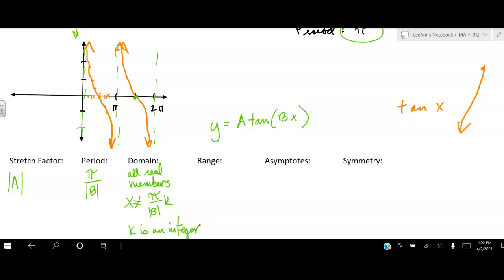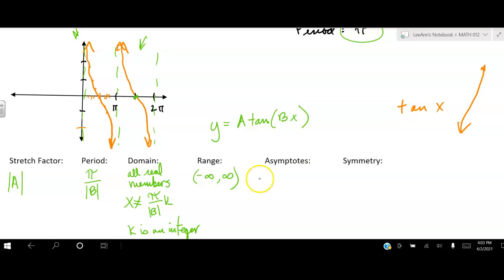Okay? So we have b in there to account for if the period changes, and then every integer unit of that is going pi over b. That would be an asymptote. The range is going to just be all real numbers, negative infinity to infinity. So you can see that from this curve. It's just going all the way up and all the way down. There aren't any breaks in it that way.